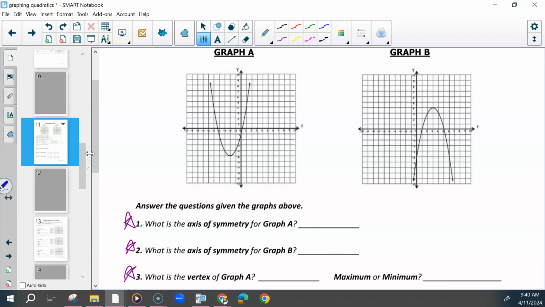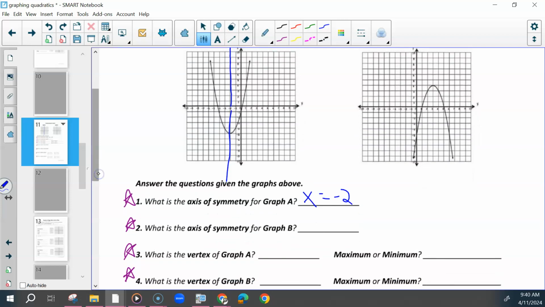Just the line, not the vertex yet. It would be at this line, so x equals -2. What about for graph B? X equals 3.